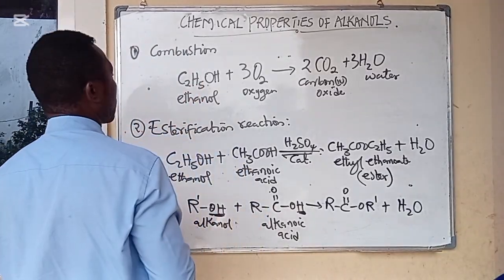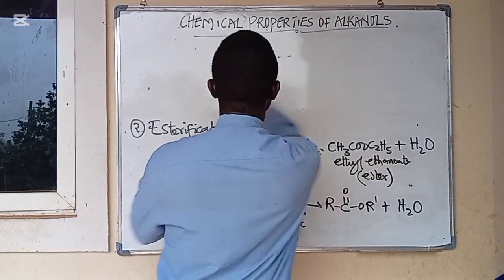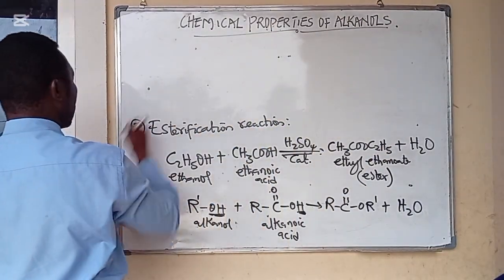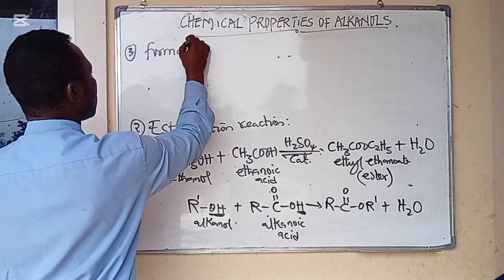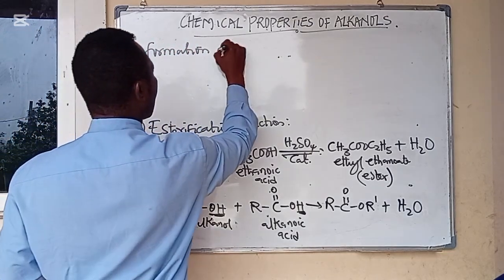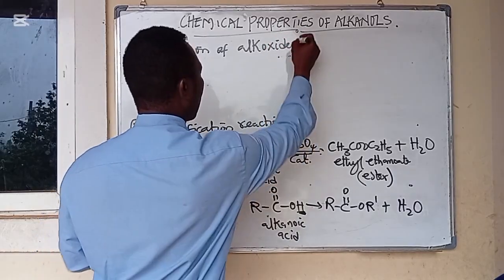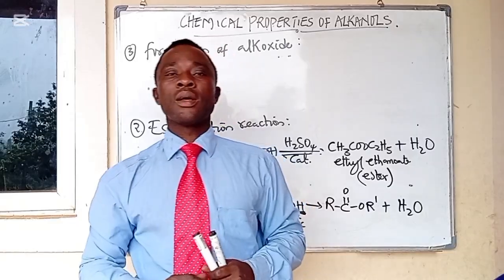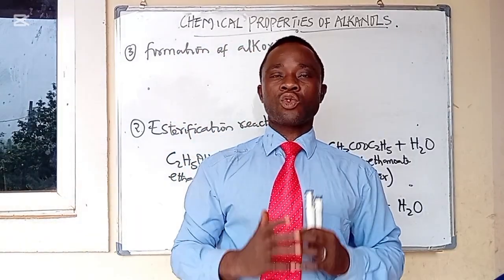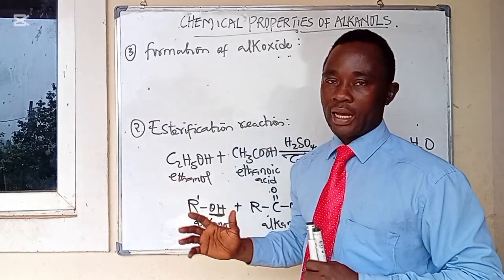Now we go to the third property of alkanols. The third property of alkanols, that is number 3, is the formation of alkoxide. Alkanols react with strong electropositive metals to give you alkoxide.